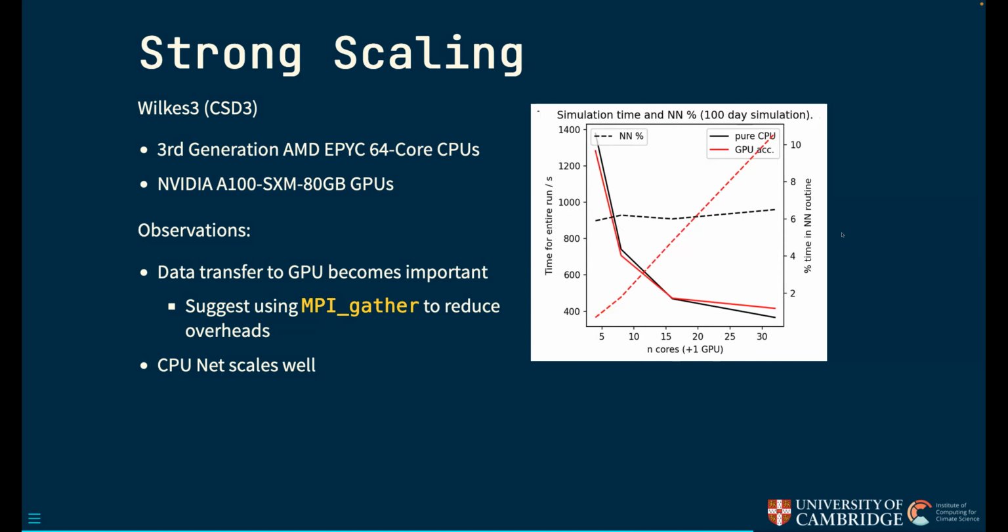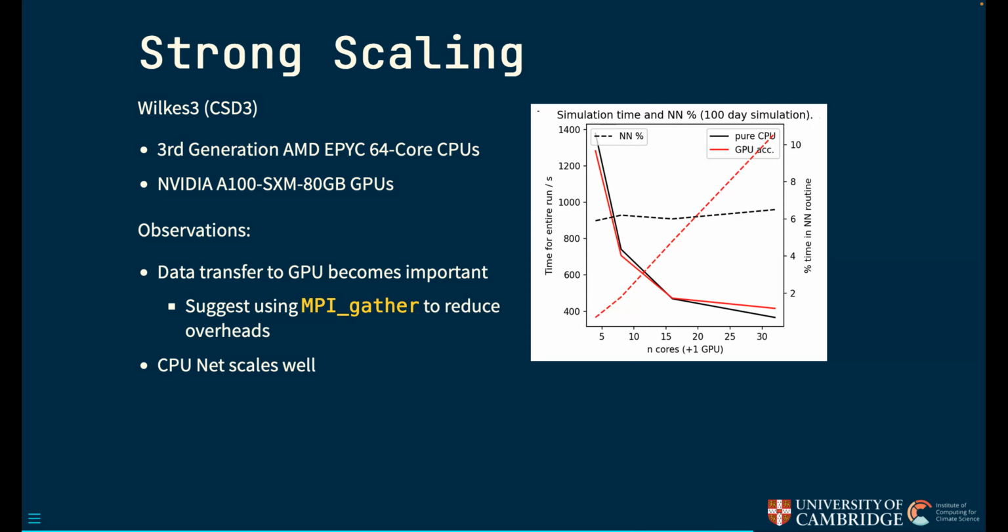Looking at the percentage of time spent within the neural net emulation, the CPU, since it scales well on the same architecture, is relatively stable at about 6% of the simulation time, whereas for the GPU, as you add more and more cores, you add more and more data transfer overheads. This would suggest that when doing HPC simulations and accelerating with a GPU, it's a good idea to implement some kind of MPI gather calls to gather your data before you pass it off to a GPU.